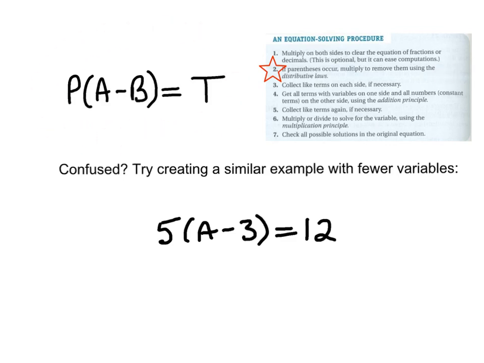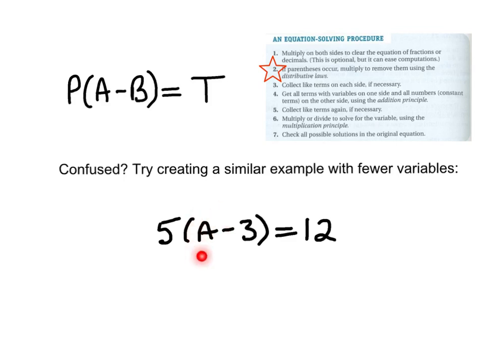This moves us to step number 2 in the equation solving procedure, which helps us to eliminate the parentheses or brackets. Again, let's try looking at a simpler expression with fewer variables. We're trying to solve for a.